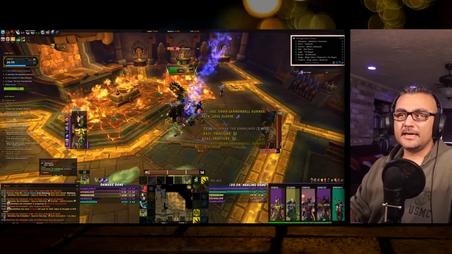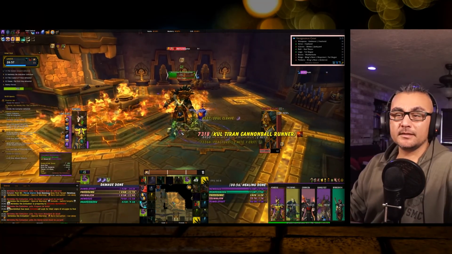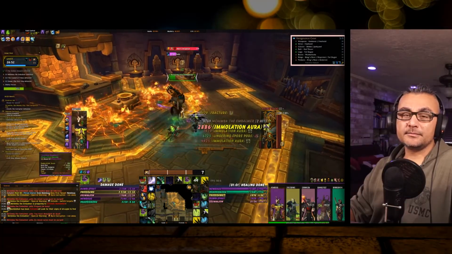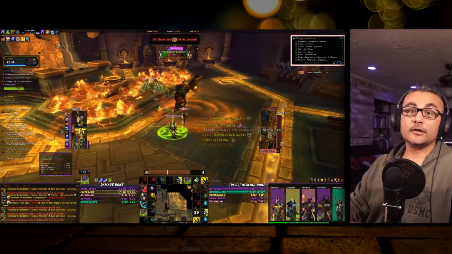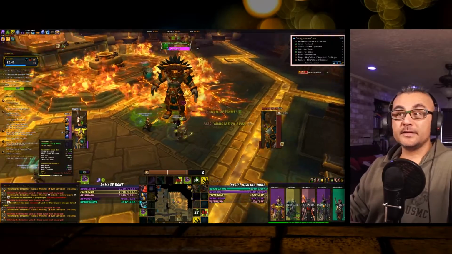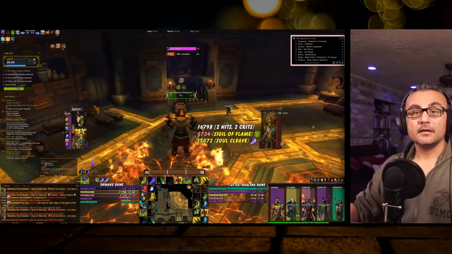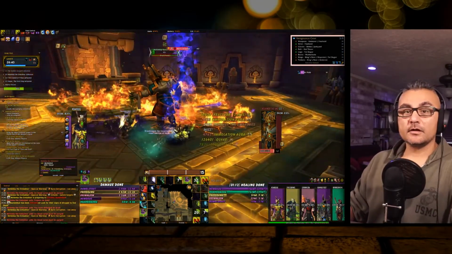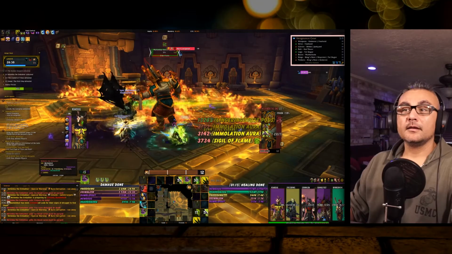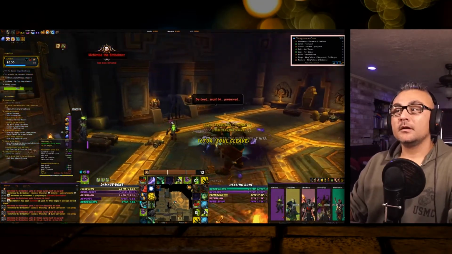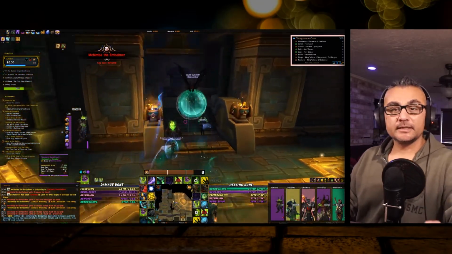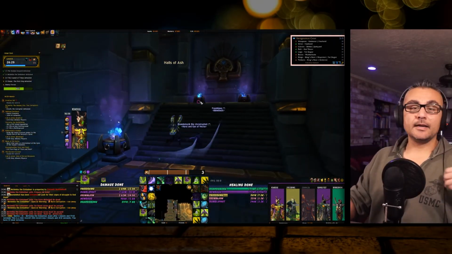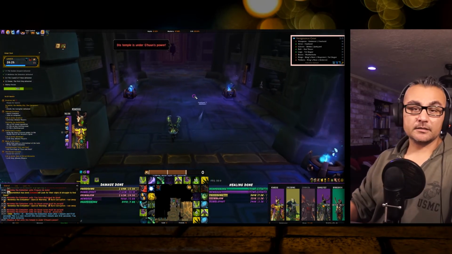So at or about 20%, 10%, whatever you think your DPS can handle, just take off and go pull another pack. That way your DPS is sitting there DPSing the mobs, and you're on a fresh pack, building threat, building aggro, grouping them up, positioning them so that your DPS can just go from one spot to another spot and just continuously be killing stuff.